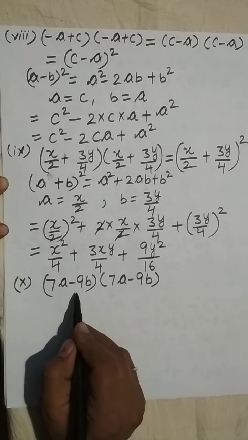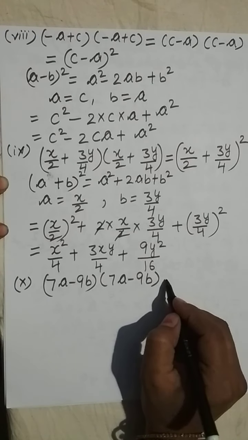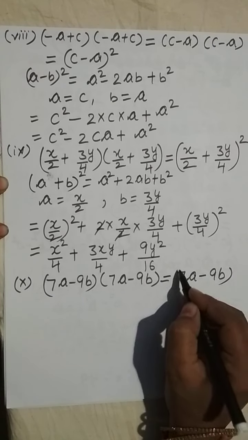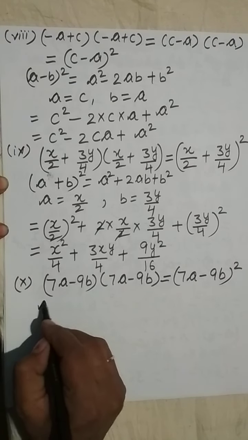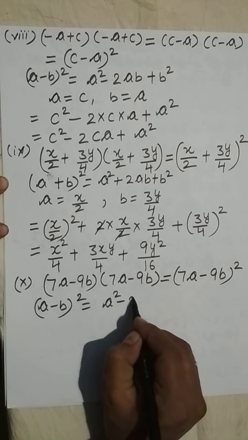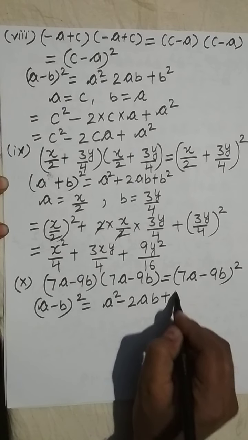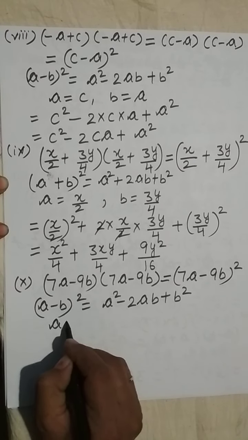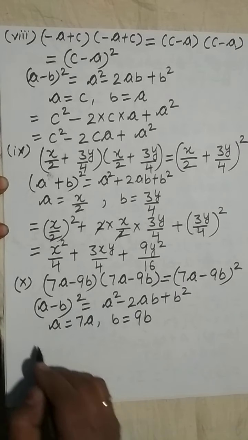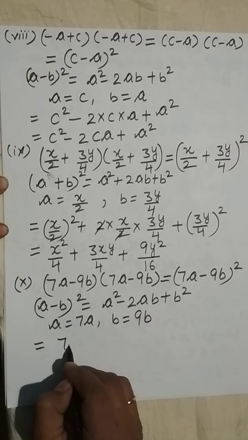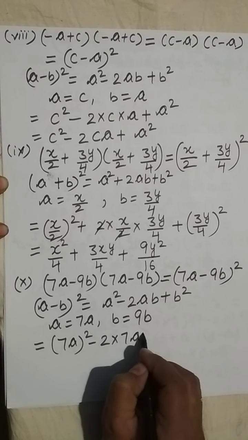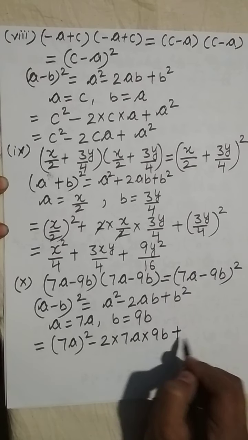Next part is (7a minus 9b) into (7a minus 9b), which can be further written as (7a minus 9b) whole square. Now this is the kind of (a minus b) square, which is equal to a square minus 2ab plus b square. Now a is equal to 7a and b is equal to 9b. Substitute the values. This is (7a) square minus 2 multiplied by 7a multiplied by 9b plus (9b) square.